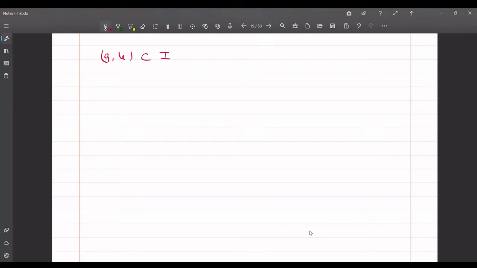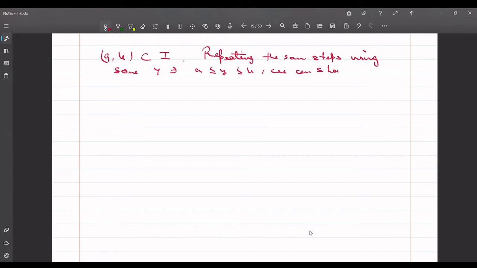Now what we can do is follow the same steps, repeating the same steps using some y such that A is less than or equal to y less than or equal to B, we can show I is contained in the closed interval AB.